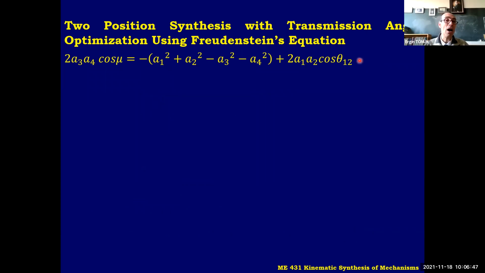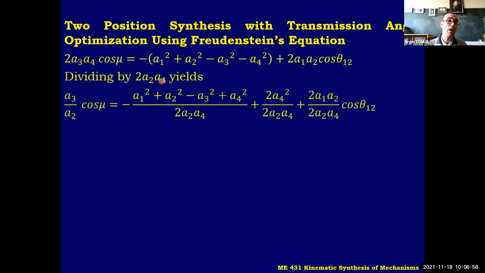And I will try to make this equation resemble the original Freudenstein's equation. To do that, I'm going to divide the equation by 2a2, a4. So I'm going to have a3 over a2 cosine mu is negative this term.